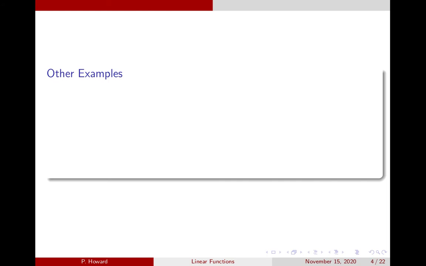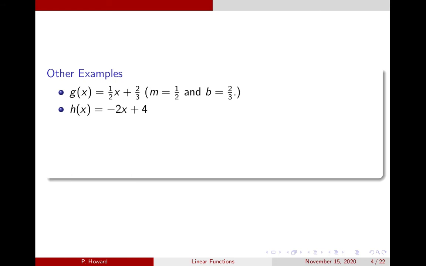So here are a few other examples. g of x is 1/2 x plus 2/3. Here the number m that I chose was 1/2. The number b that I chose was 2/3. I'm choosing these numbers more or less randomly to get examples. h of x is minus 2x plus 4.